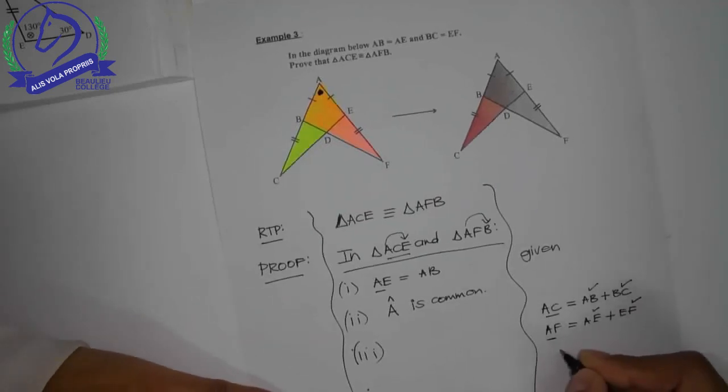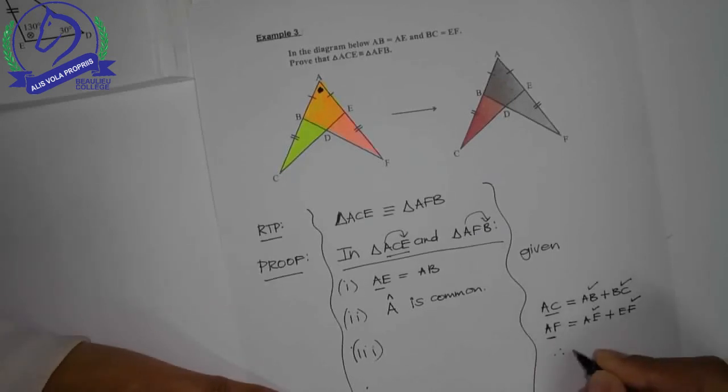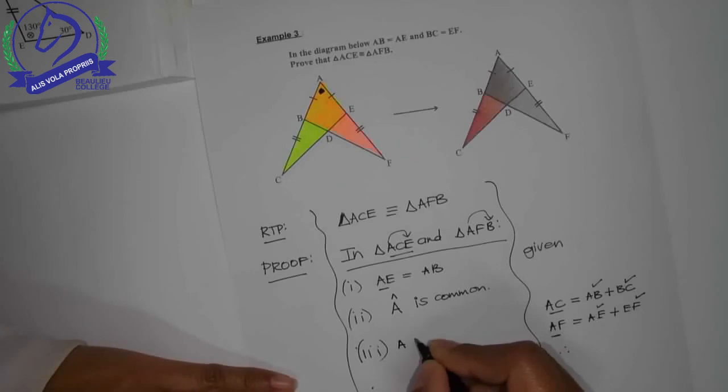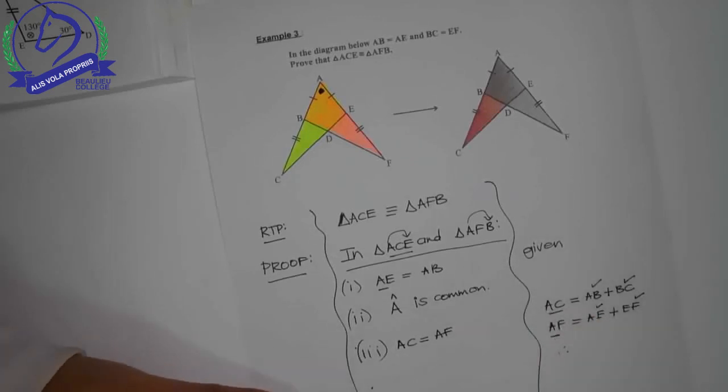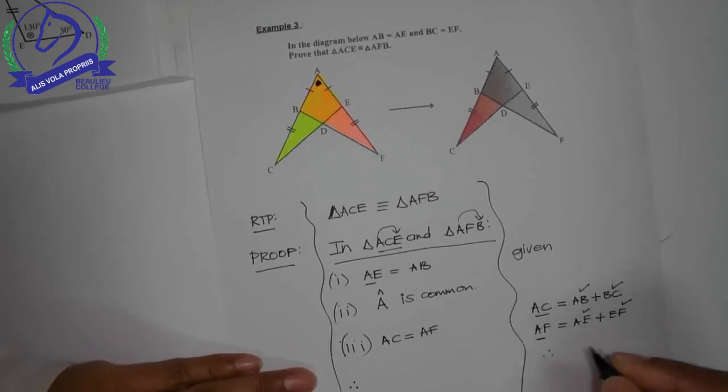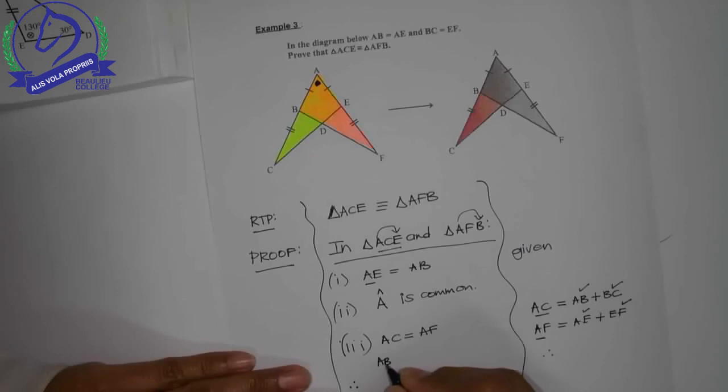So therefore, okay, it was given. So your third reason would be AC is equal to AF. And that's your reason. If they're all equal, so you can say that because AB is equal to AE and BC is equal to EF.